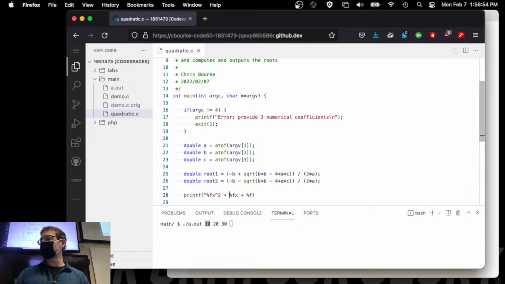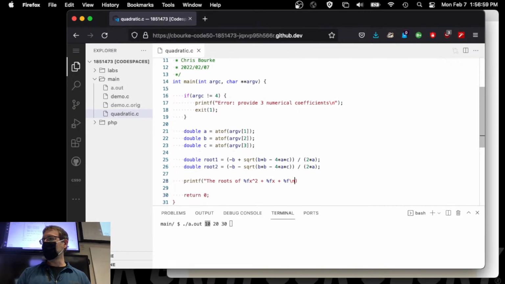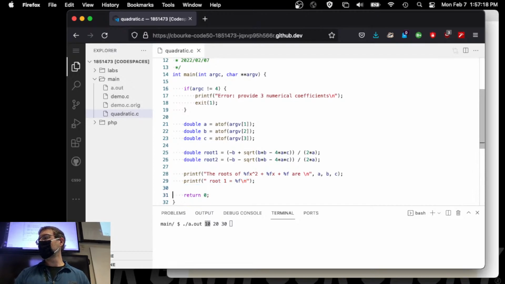And I'll print out a message here: the roots of that, and then I'll print out A, B, and C, just to make sure that we are reading those in correctly. And I'll make it look nice, and I'll go down to the next line. Printf, root 1 is equal to %f, and then the second one I'll put on its own line there, root 1 and root 2. Actually, I'll leave it like this. There we go. GCC, quadratic.